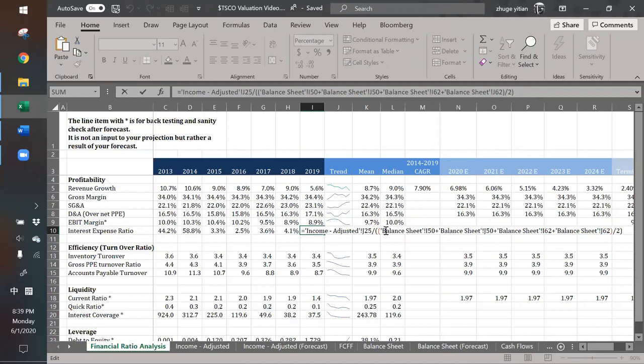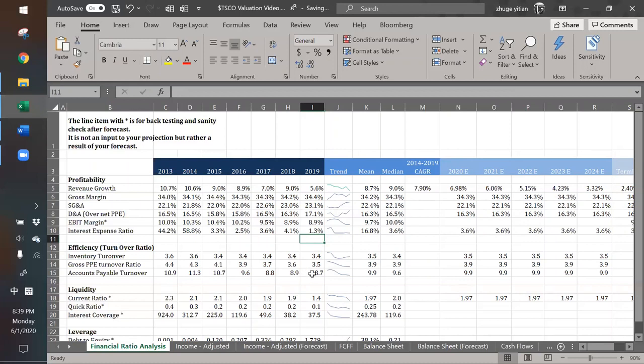For liabilities like accounts payable, we're not paying interest expense on them, so they are not included here. This is only the interest-bearing long-term debt or current portion of long-term debt. The other thing I want to point out is that this is the average balance, the beginning and ending average, not just the ending balance.